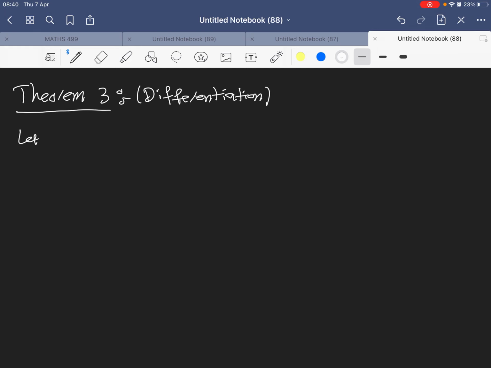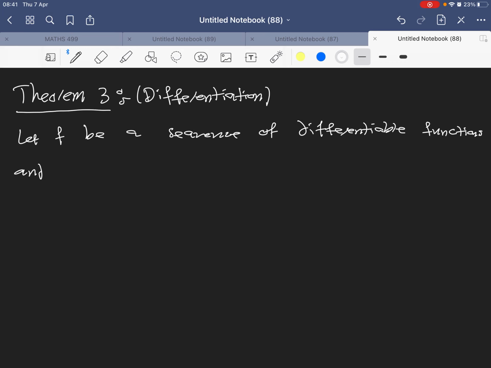So let Fn be a sequence of differentiable functions and assume the three conditions.